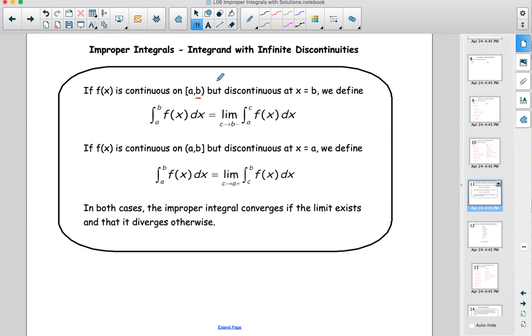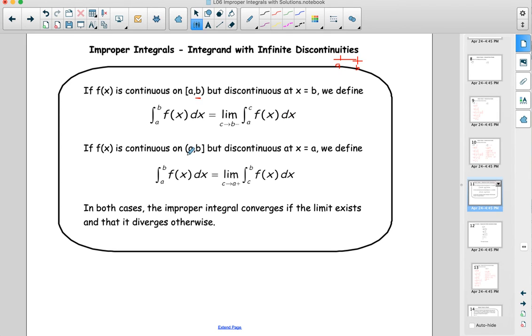We can't cross over B to the other side. So here is A, and here is B, and we have some kind of asymptote heading here. So as long as we approach B negatively, we will not have crossed over the vertical asymptote. So we're going to look at the limit as C goes to B negatively of the integral from A to C of f of x dx.